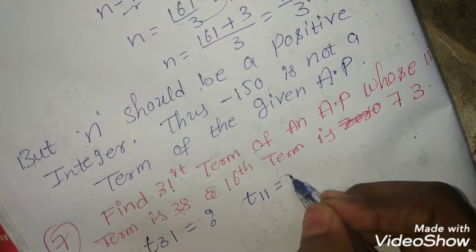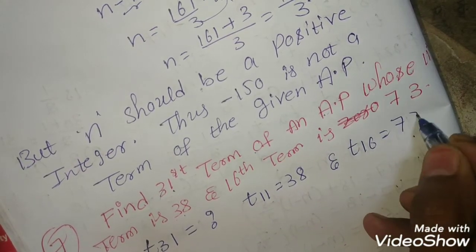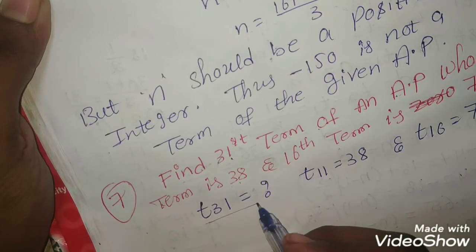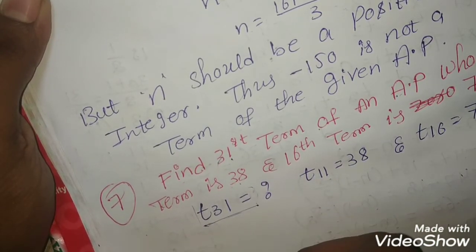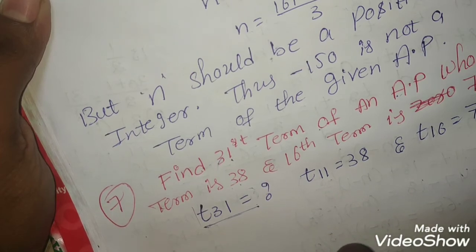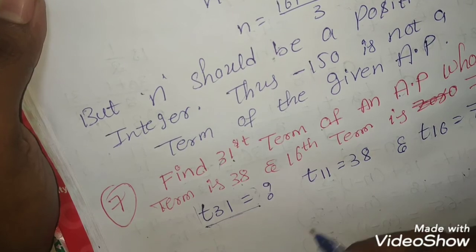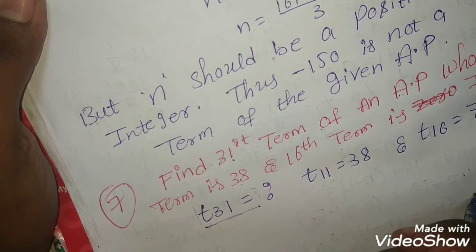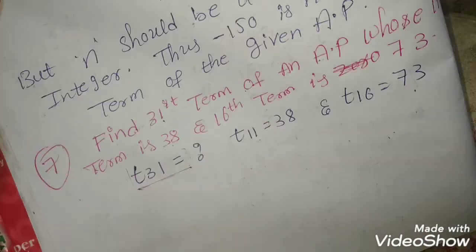T11 is equal to 38 and T16 is equal to 73. Before finding term 31, you have to find the first term and the common difference. How can you do this? Already we told in the example, same method. Okay, let's start the solution.